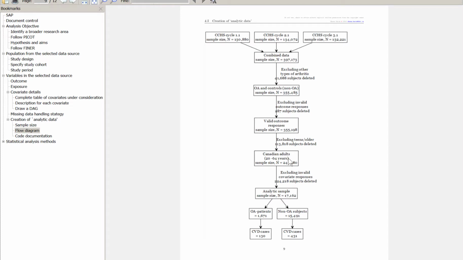I only wanted to keep the subjects who were between 20 to 64, and that reduced some sample size as well. And then I deleted some variable values that were associated with non-response or who did not want to respond, and that gave me the analytic sample size.